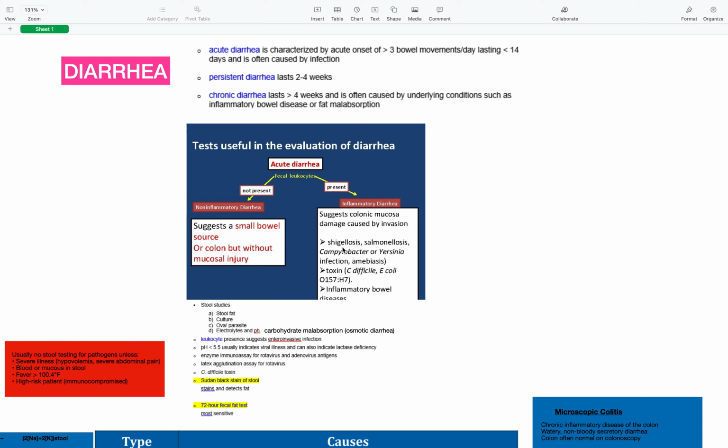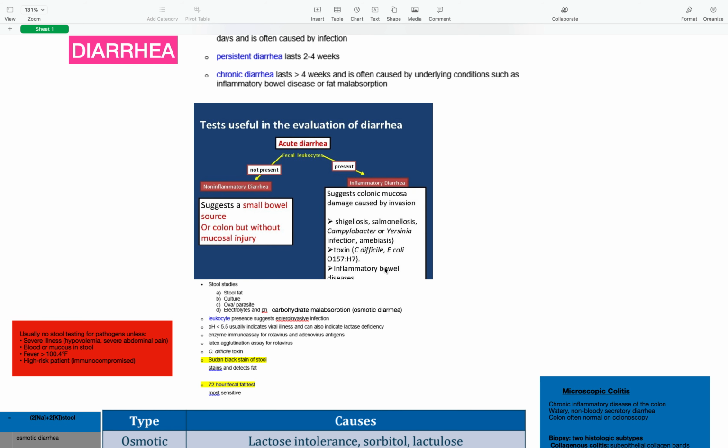Such bugs may be Shigella, Salmonella, Campylobacter, or Yersinia, or toxins such as C. diff toxin or enterohemorrhagic E. coli, E. coli O157:H7, or it may be inflammatory bowel disease. So these mean that the patient may have inflammatory diarrhea.